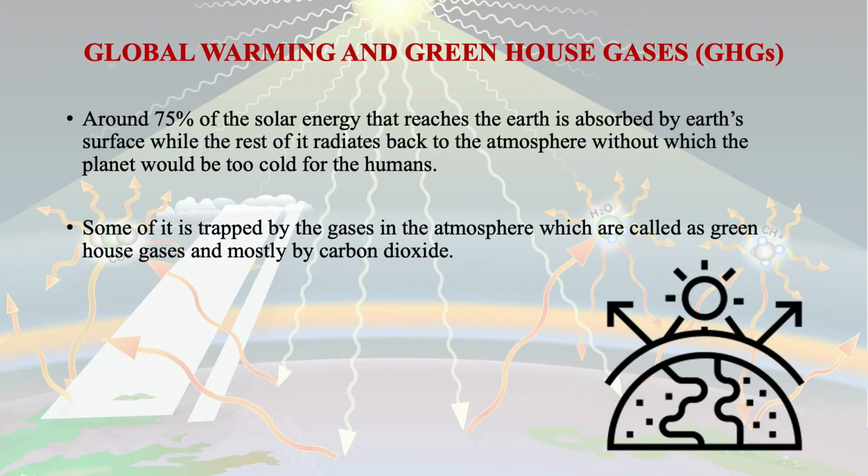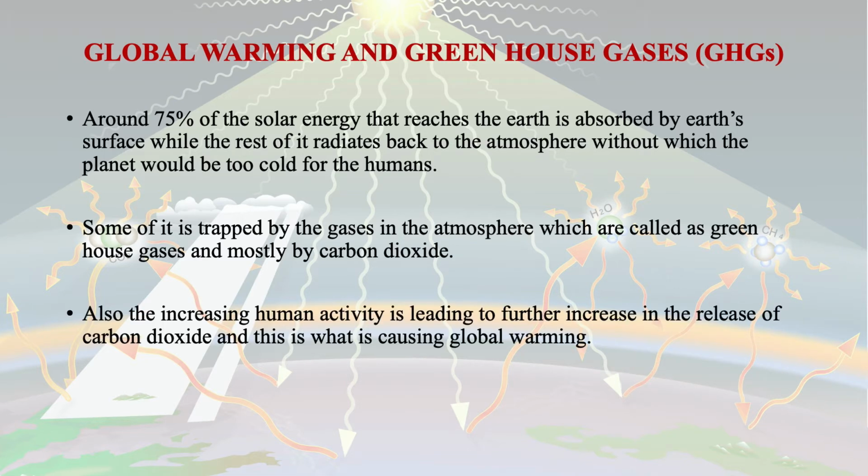Some of it is trapped by the gases in the atmosphere, which are called greenhouse gases, and mostly by carbon dioxide. Also, increasing human activity is leading to a further increase in the release of carbon dioxide, and that is what is causing global warming. Hope now you understand the reason for global warming.